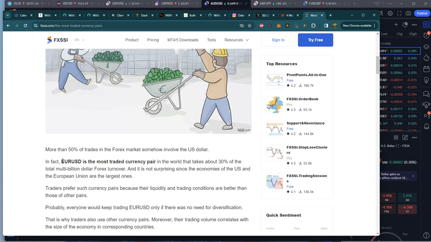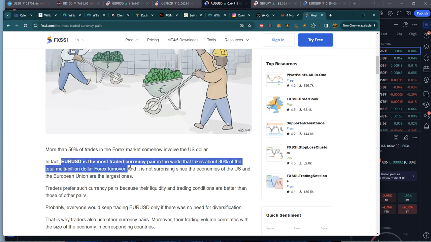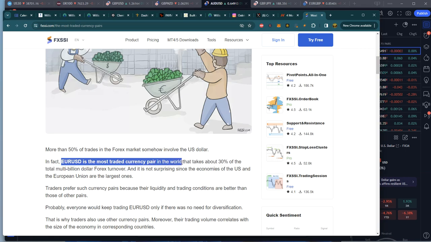In fact, Euro USD is the most traded currency pair in the world. This takes up about 30% of the total multi-billion-dollar Forex turnover every day. Okay, and because it's trillions of dollars, I think it's $7 trillion a year that's traded. So euro and USD is 30% of that throughout the year.